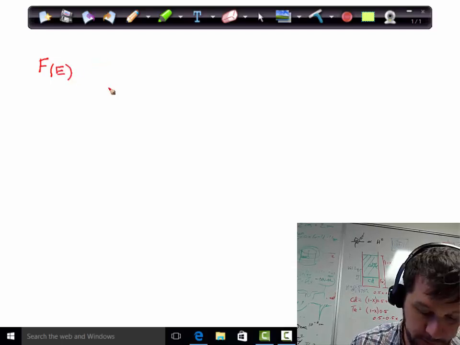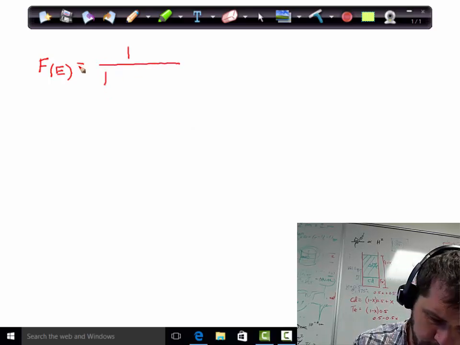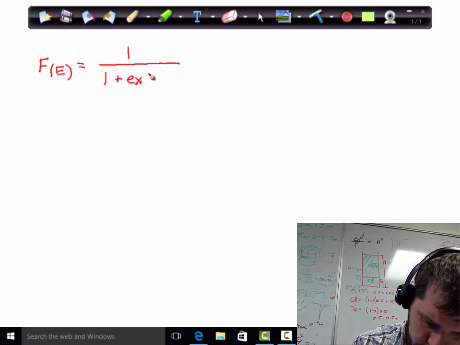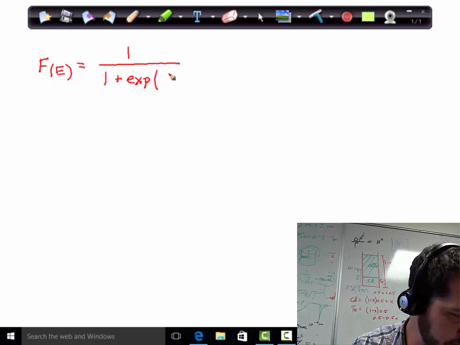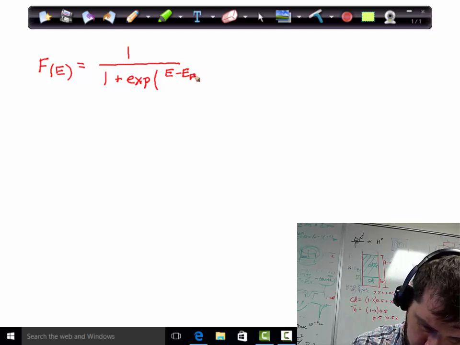The Fermi-Dirac function is a probability function, and it's given by 1 over 1 plus exponential of (E minus EF) over kBT.